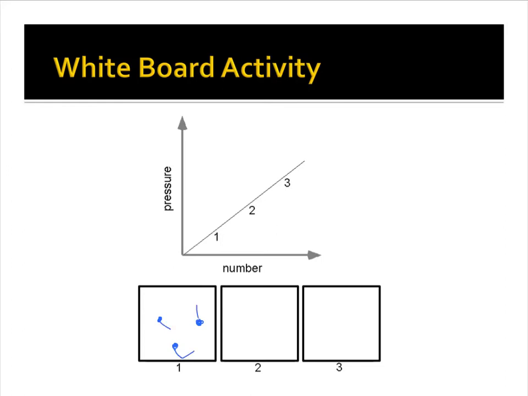So we have 3 particles and only 1 collision, and they've got quite a bit of room to move around in that container. At 2, we increase the number of particles, and we see that they collide a little bit more.